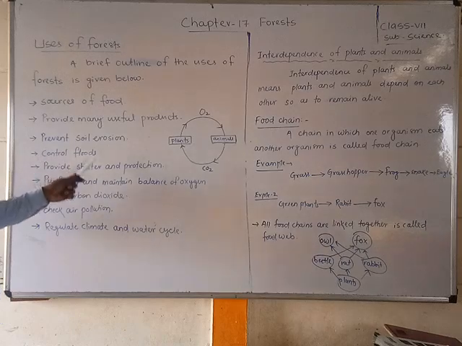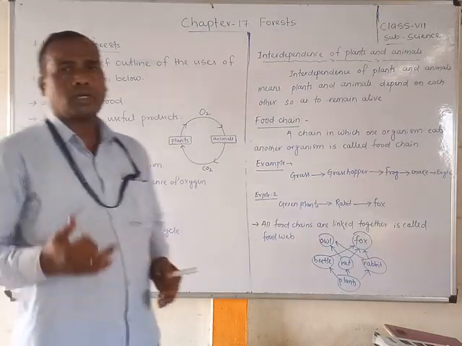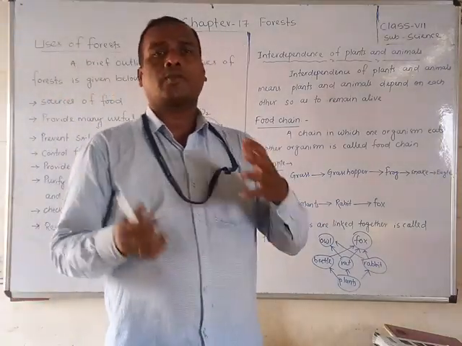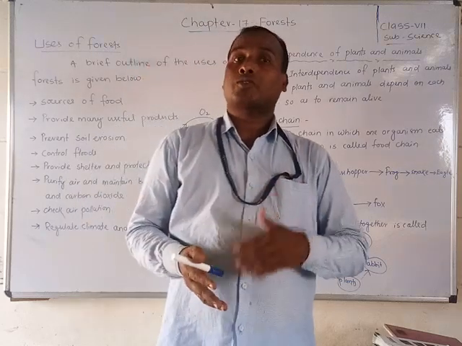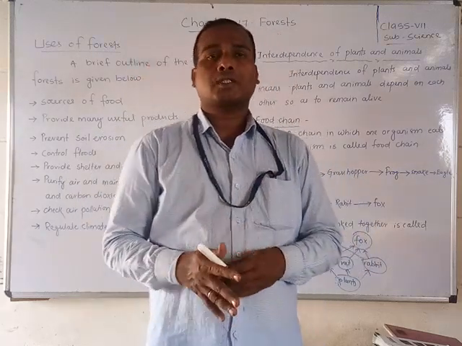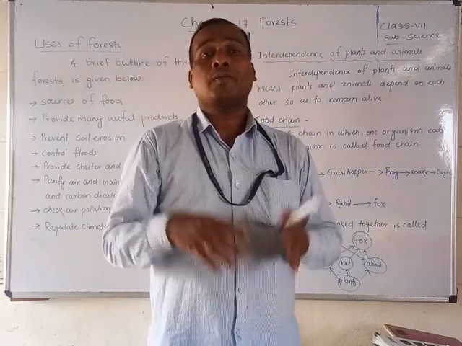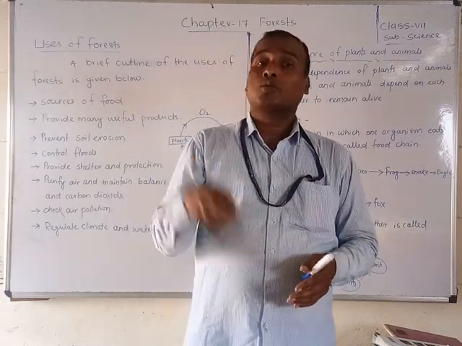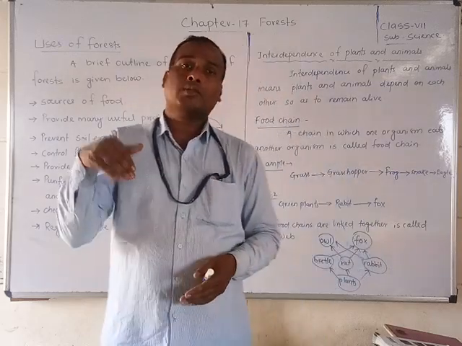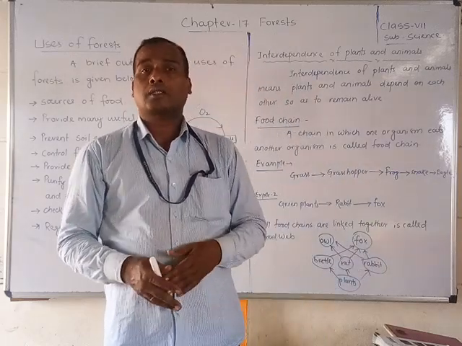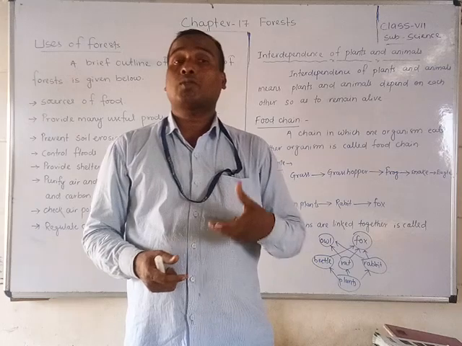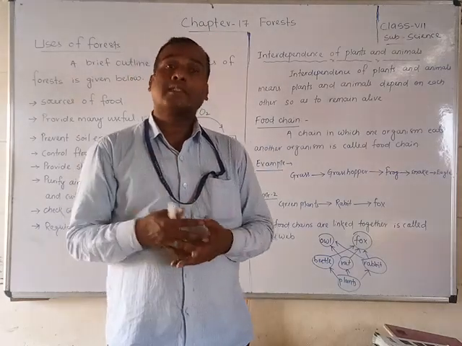Next, control the floods. Same as I told you, if the soil is conserved, it will also control floods, because whatever rain water comes will sink through the roots of the plants and go under the ground, and the water table will also increase.